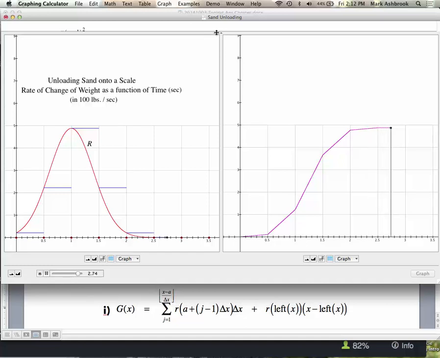Okay, so we've got to move a little bit here. Turn the page over. We want to focus on x equals 1.35 seconds, okay? So we can plot that point. We'll do this together.